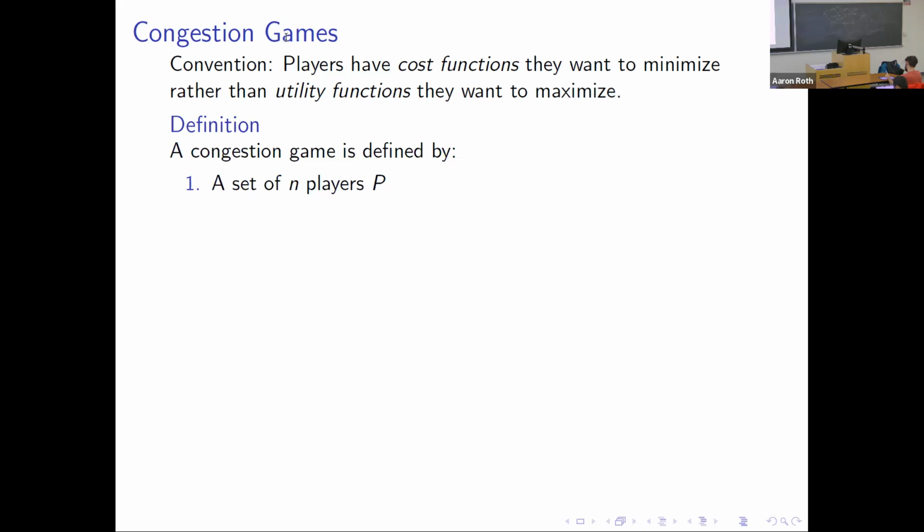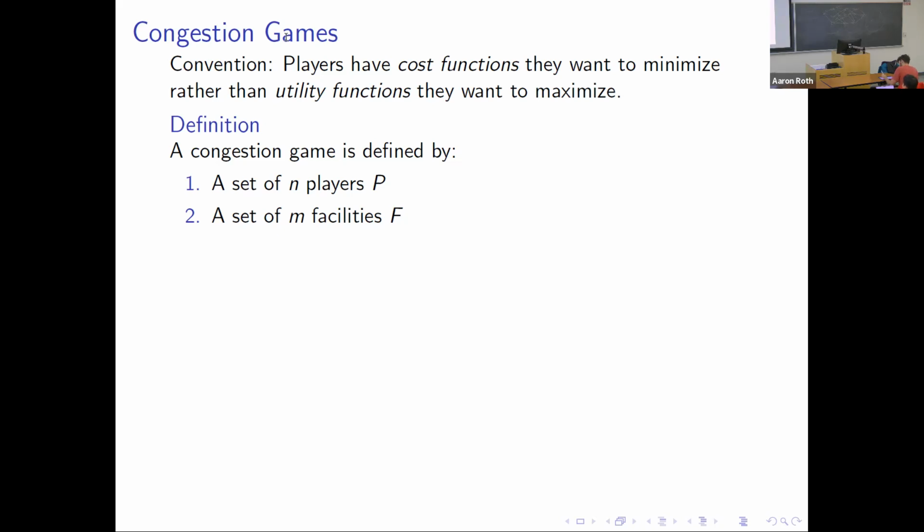Okay, so what's a congestion game? Well, it's a game, so I have to tell you who are the n players within it. Okay, and now we start to get to some aspects in which these games are more structured than general games. So I'm going to introduce this set of objects called facilities.